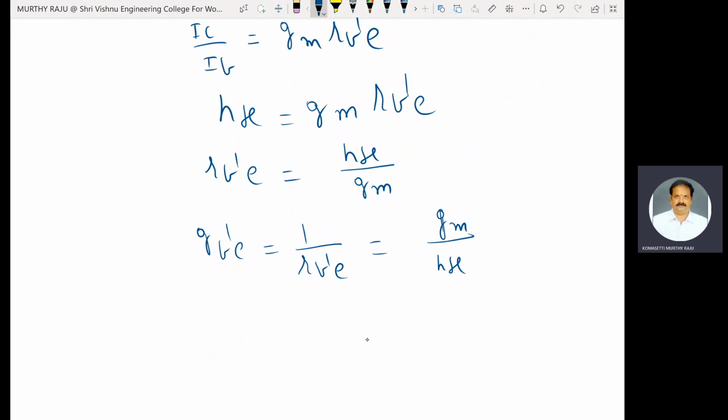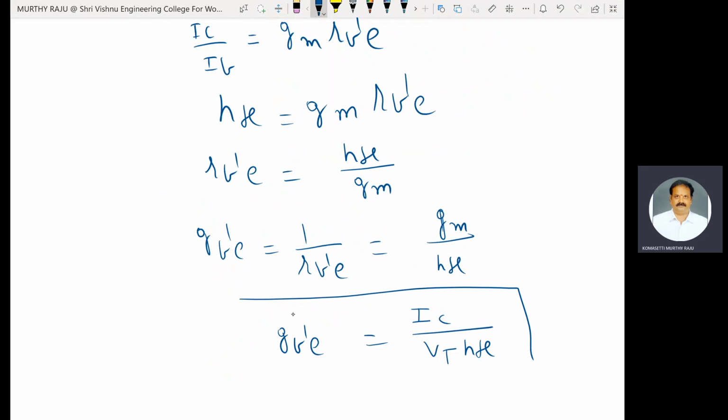We know that GM is equal to IC by VT. Therefore, GB dash E is equal to IC by VT HFE. This is the input conductance GB dash E.